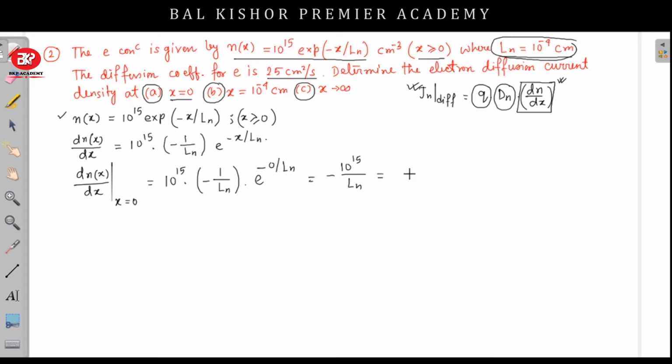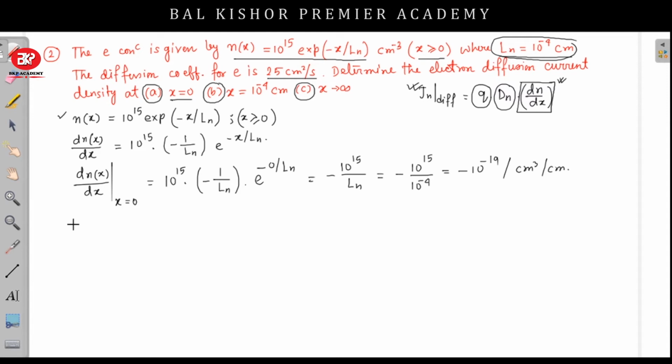So in the numerator it will be 10 to the power 15, and in the denominator 10 to the power minus 4. Ultimately we will get minus 10 to the power 19, per unit centimeter cube and per unit centimeter. So we have found the value of dn by dx at x equals to 0.